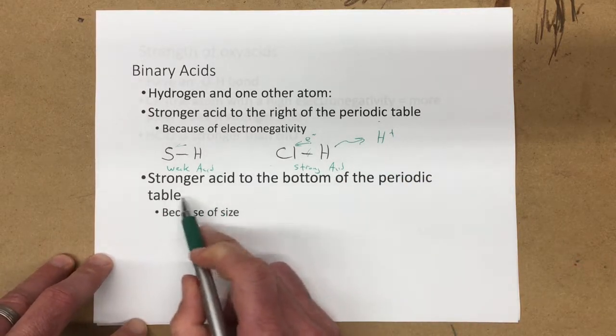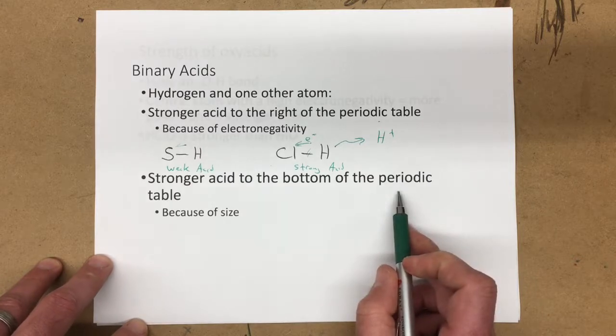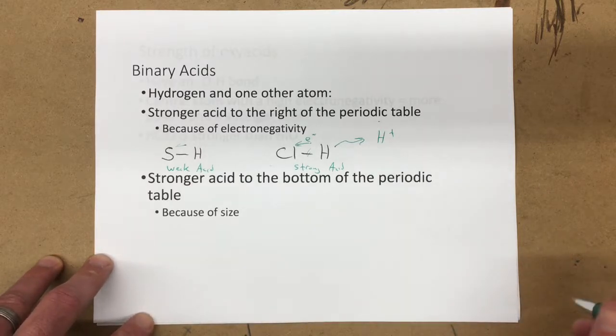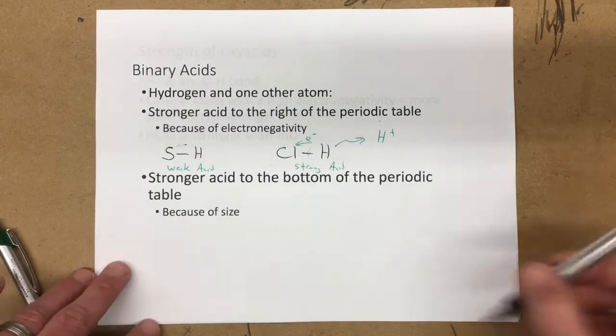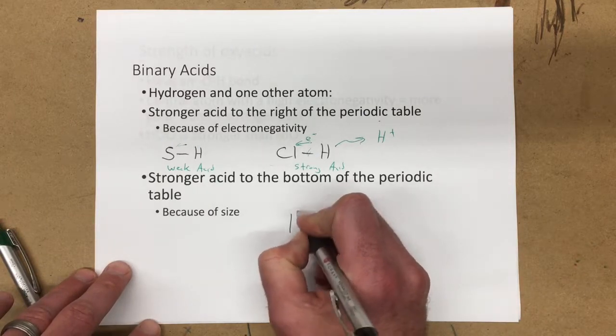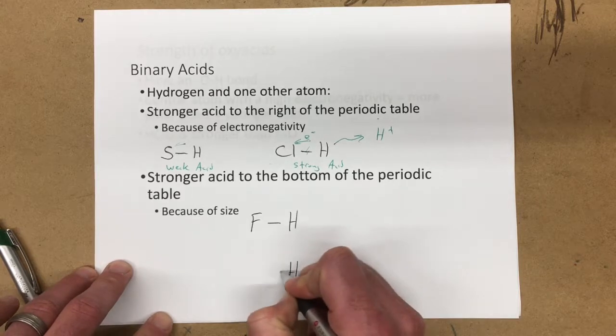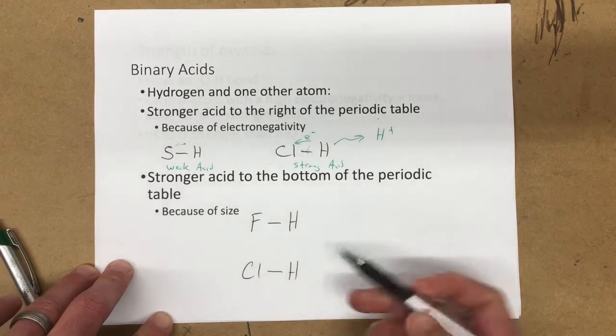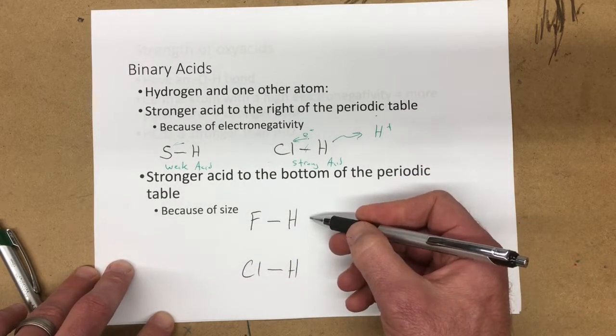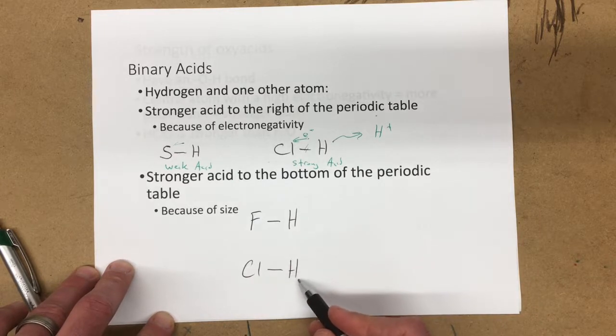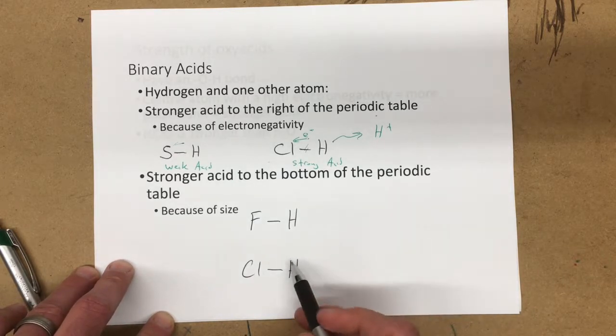The stronger acids also occur as you move down the periodic table, and that's because of size. So if we were to compare hydrogen connected to fluoride or hydrogen connected to chloride, well, we know that hydrofluoric acid is a weak acid. Hydrochloric acid is a strong acid. Why is that?